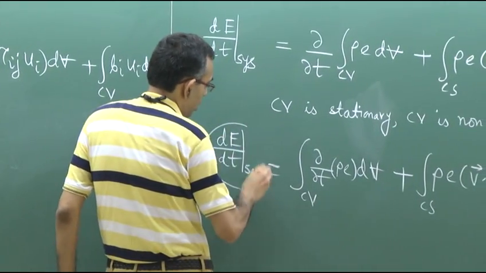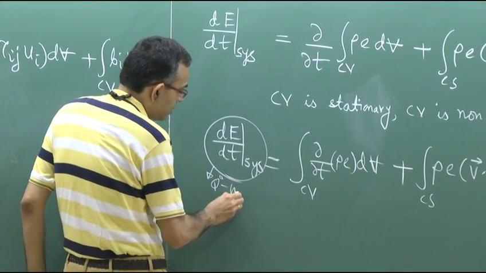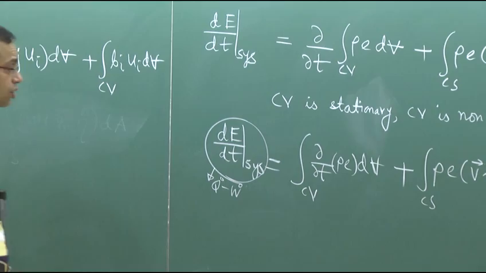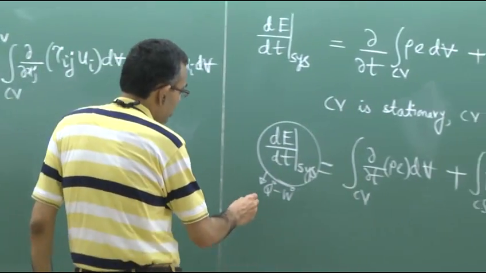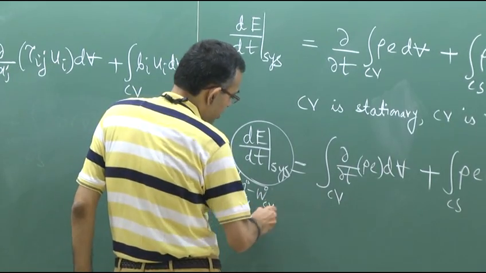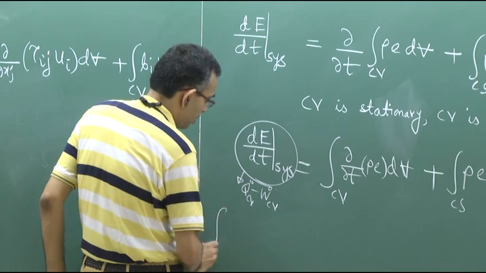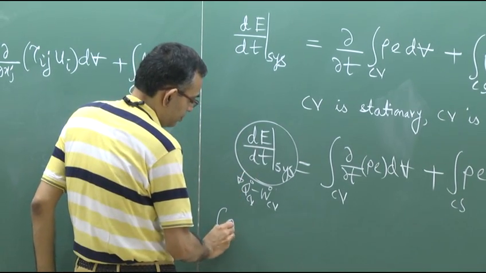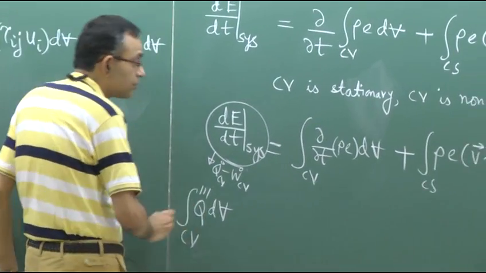In the dE dt system, it is Q dot minus W dot. So, we will substitute the Q dot and minus W dot. So, Q dot Cv minus W dot Cv. Q dot Cv is integral of this.